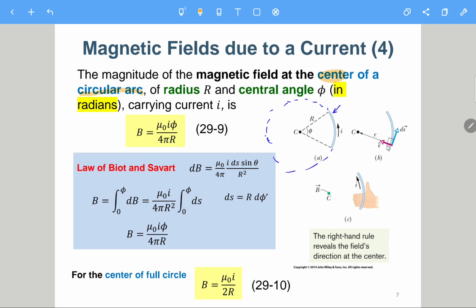So R will be from the arc to the center.